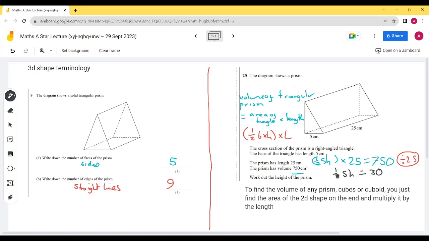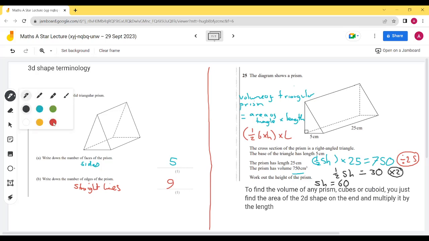Well, now we've got half 5h equals 30. So the next thing we want to do is get rid of this fraction. Well, half is like 1 divided by 2, so the opposite of that is just times by 2. If we do that, that's going to leave us with 5h equals 60.